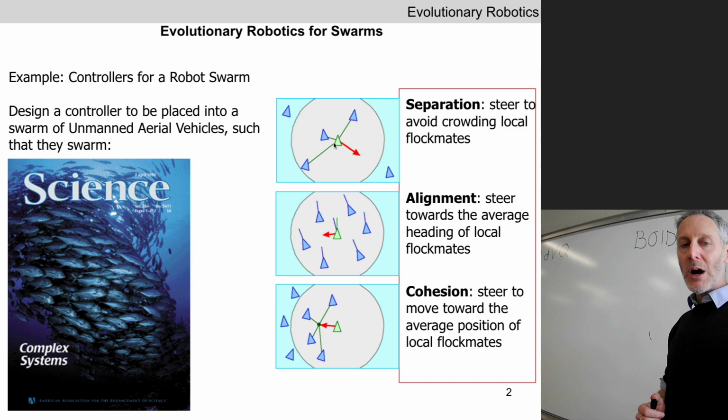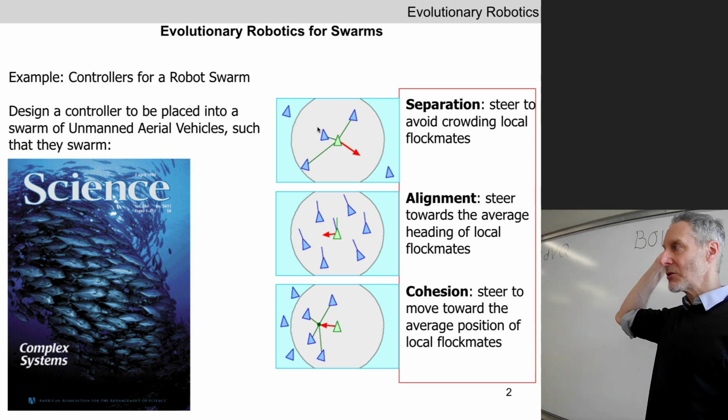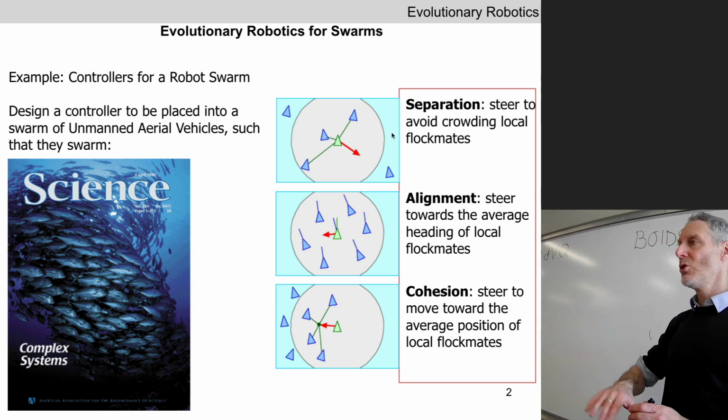Let's watch the green Boid execute the separation subroutine. In this one, it looks at all its local flock mates, and in this case, the green Boid can see 3 neighbors. So the gray circle that you see here, this is its sensing radius. This is something that's programmed in, and everything in blue, we assume the Boid cannot see.